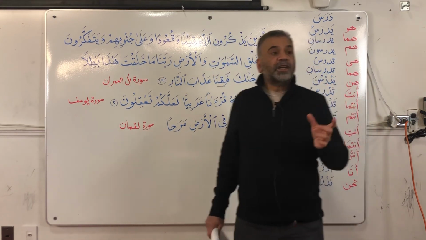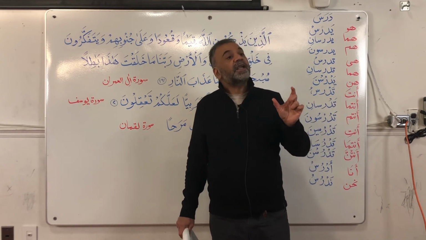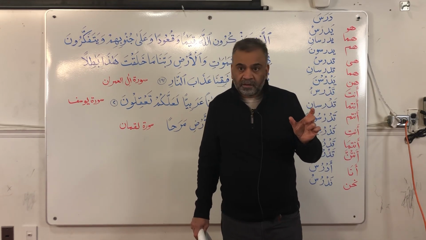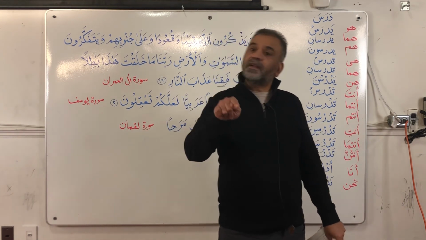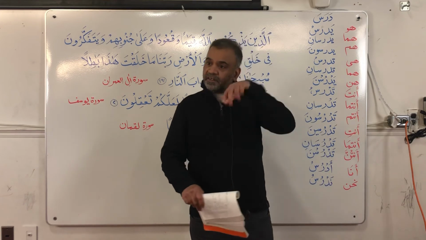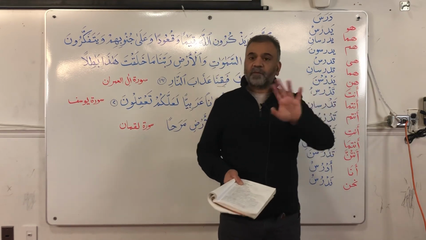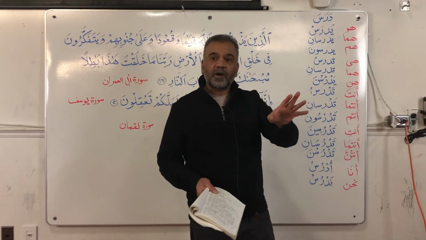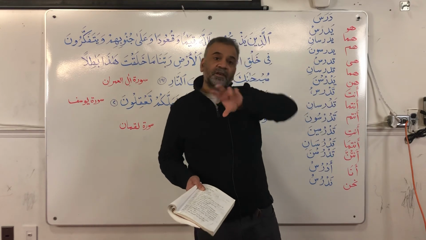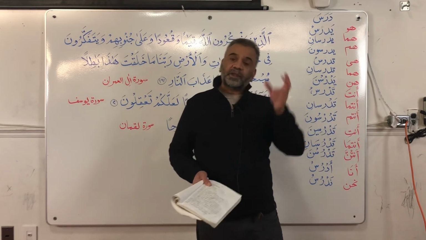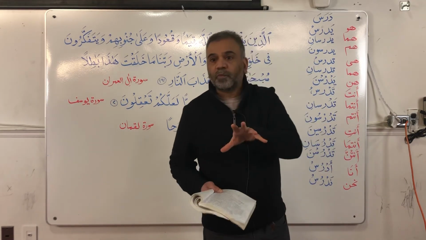That delay will make the mubtada most of the time indefinite, because we know mubtadas are definite, right? But in these kind of sentences where the khabar is coming before, and if you remember this concept, fine. If you don't, worry not. In these circumstances the mubtada will be indefinite. So in this case, arba'atu is your mubtada.